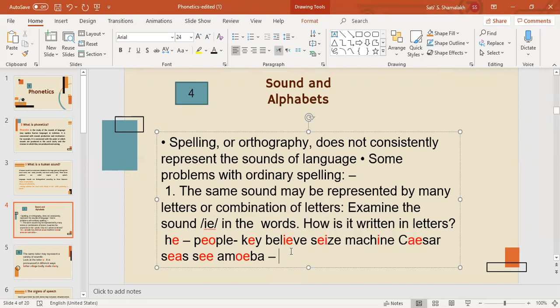Look at the letters, there are two letters, I-E, but they are pronounced E, okay? Sees, E-I, but it is pronounced E.